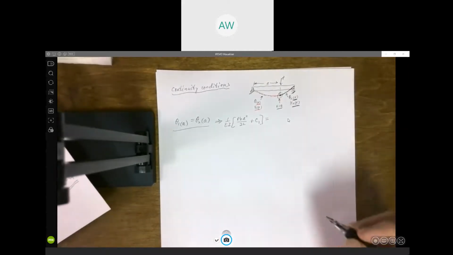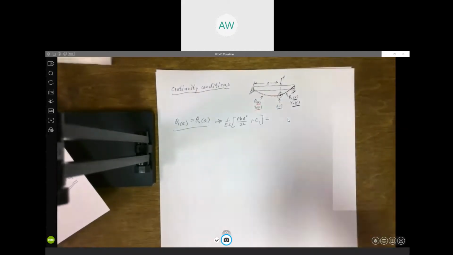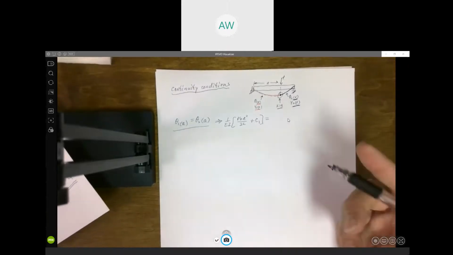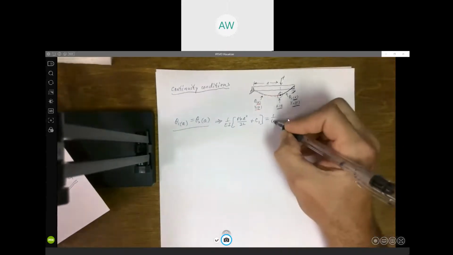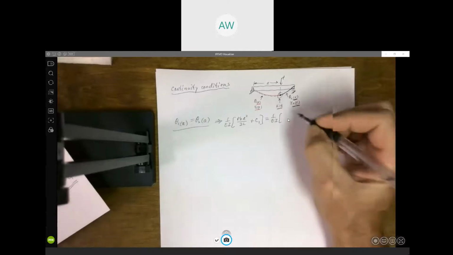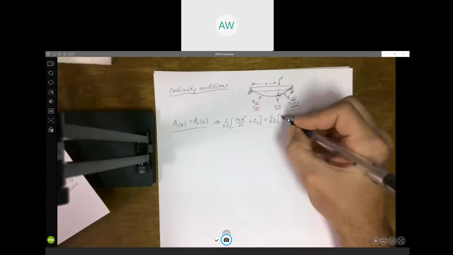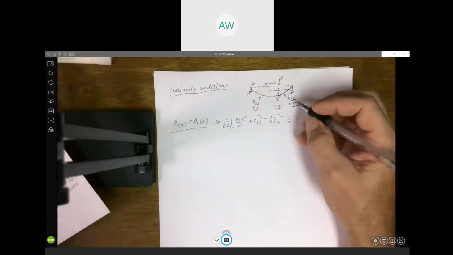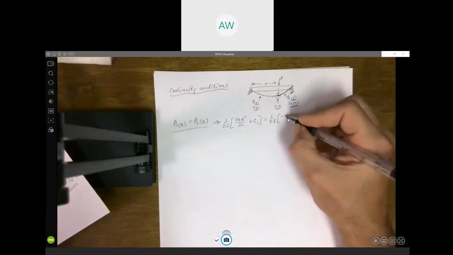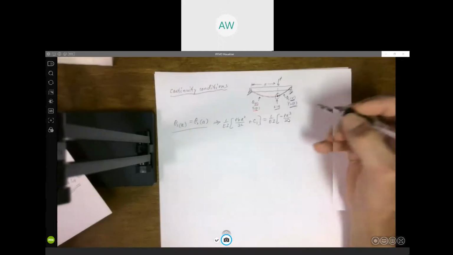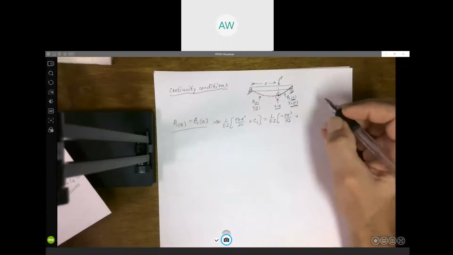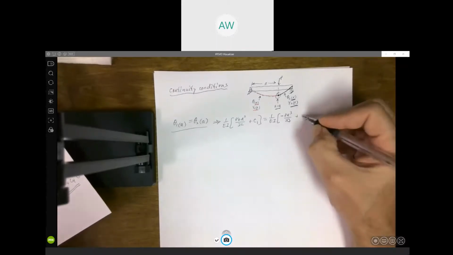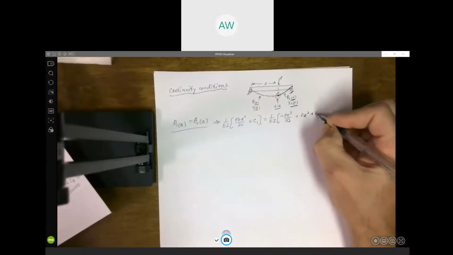And that's got to equal what I get when I plug x equals a into the theta 2 equation. So I'm going to get 1 over EI, and I had a minus PAx squared over 2L. But if I'm plugging a in for x, I'm going to have a times a squared, that'll be a cubed, so minus Pa cubed over 2L. Plus I had PAx, so I plug a in for x, I'm going to get Pa squared. And then plus C3.